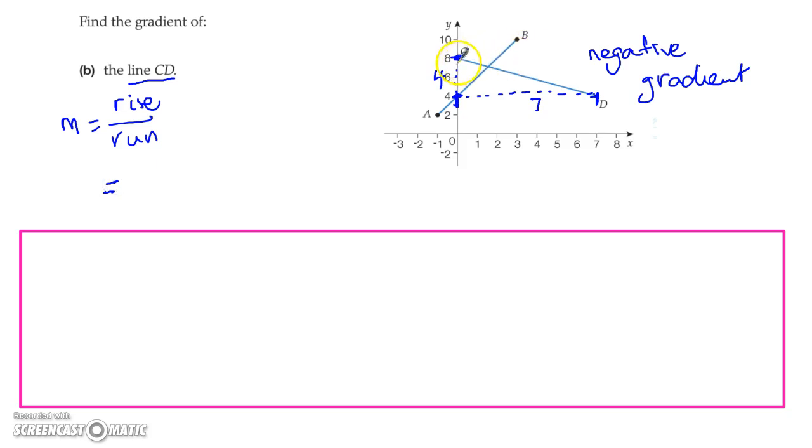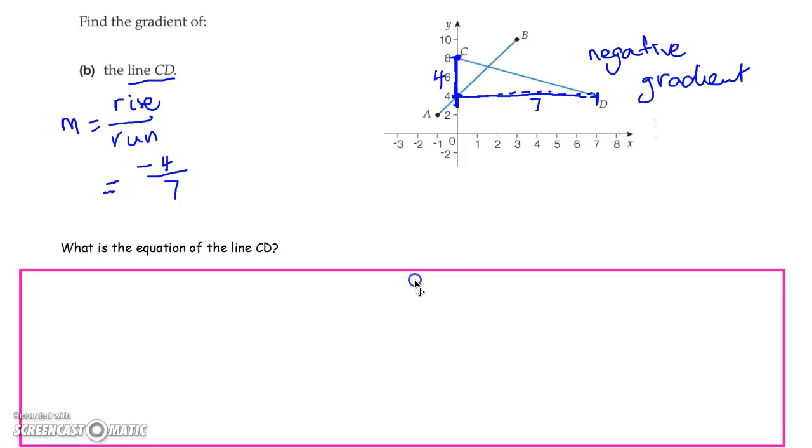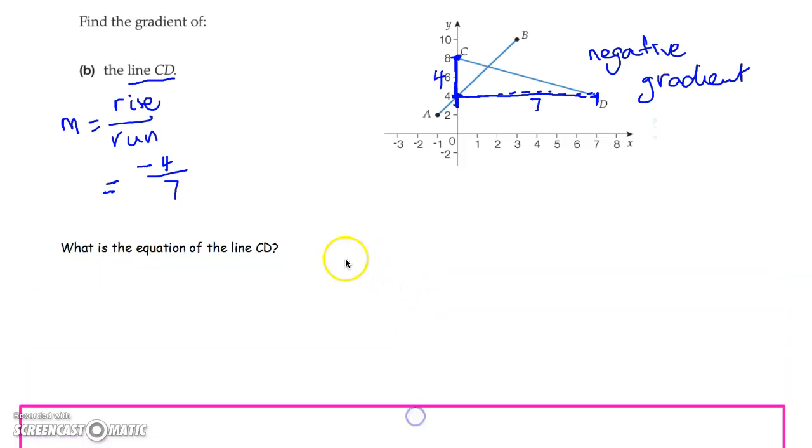Rise over run. Now our rise is not a rise, we're going down. So remember, we write a -4 over our run of 7. And that's it. You can't go any further than that. -4 over 7. You could try to get a decimal, but it gets a little bit messy. Let's extend that by actually getting the full equation, remembering we need y equals the gradient times x plus the y-intercept.